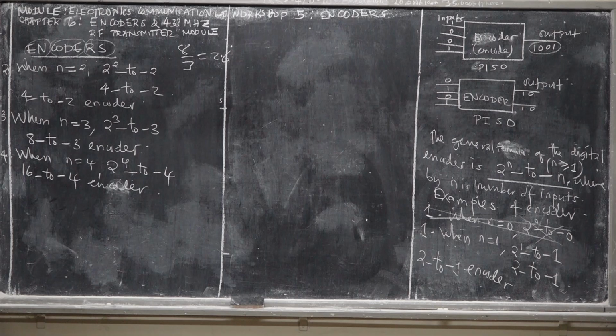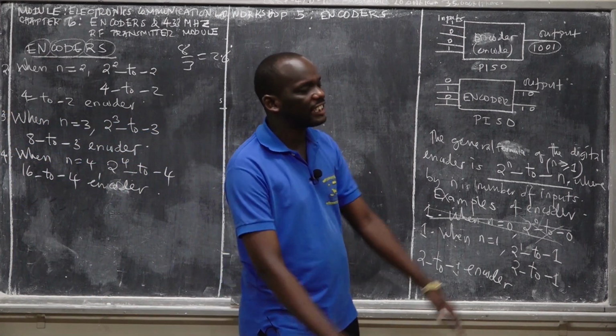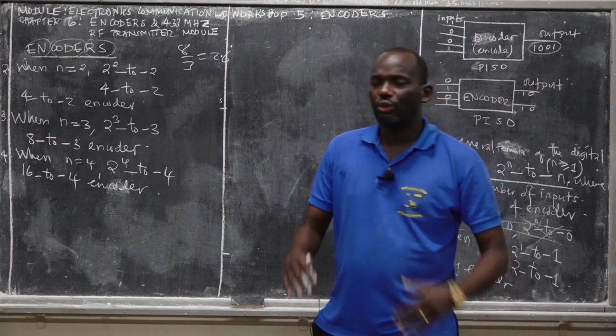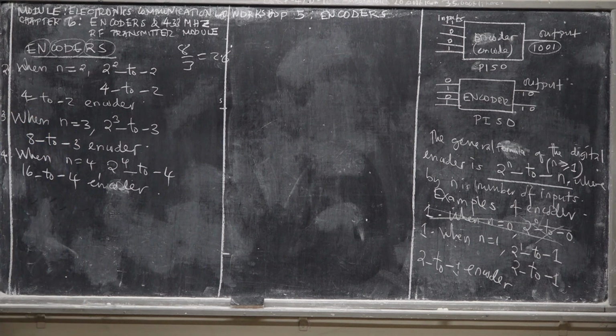The encoder is a huge subject because it's very important in telecommunication and especially wireless communication systems. It's a broad concept. Don't think that you may learn it just by going through 3 or 4 lectures. You may even spend 4 years going through it and still not have covered what you are supposed to cover.